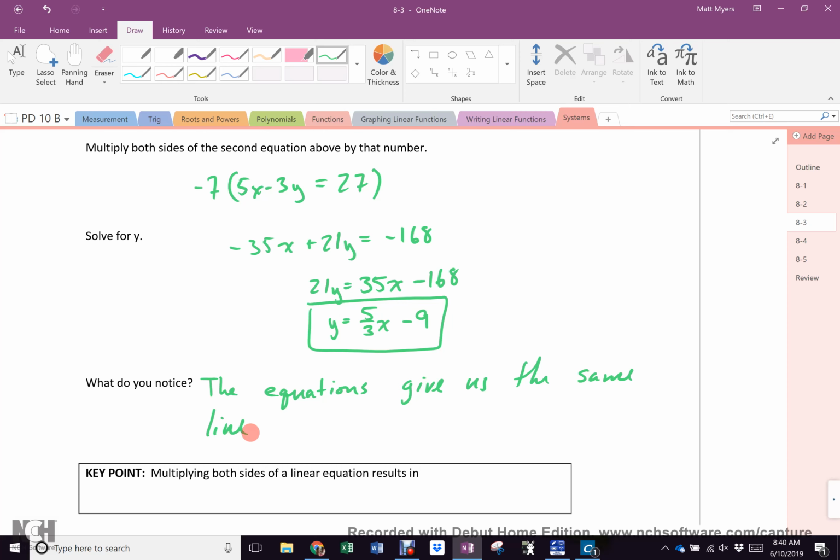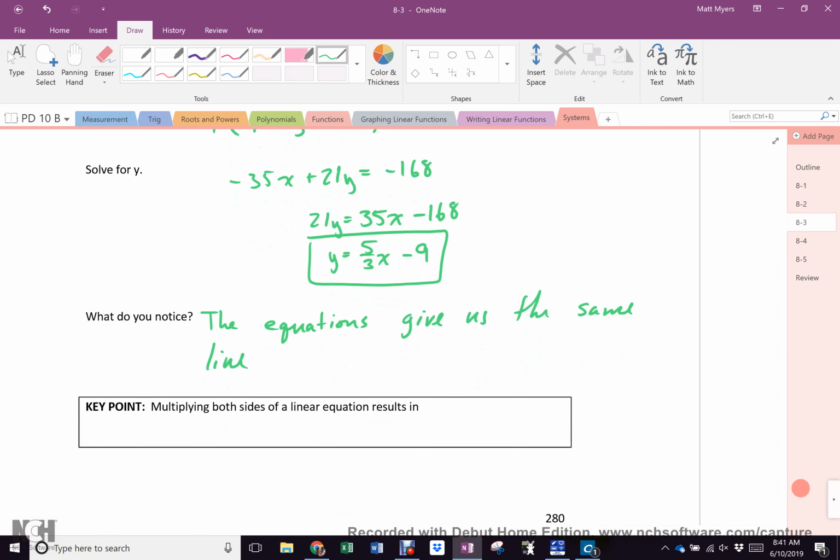Say it loud. It's the same thing. The equation, after I multiply it, when I boil it back down to y, it's the exact same line. Which means what? We all chose different numbers, but we all got the same line.